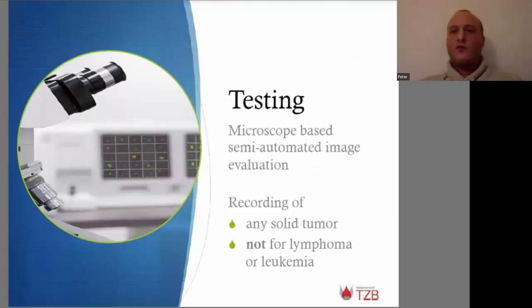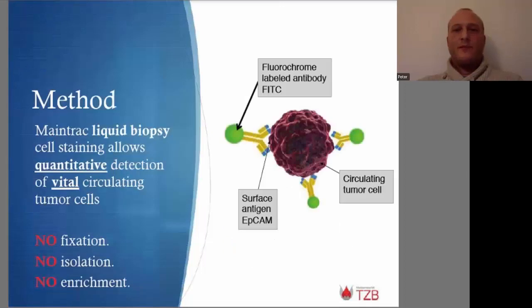What we do is a semi-automated test. It's an image evaluation that works on almost any solid tumor, but not on lymphoma or leukemia. Okay, this is how it works. What you see here is the circulating tumor cell within the bloodstream.